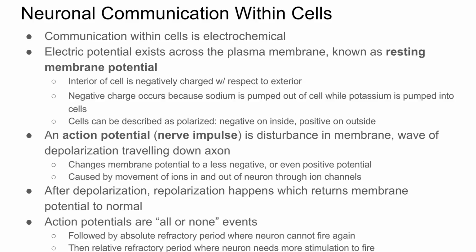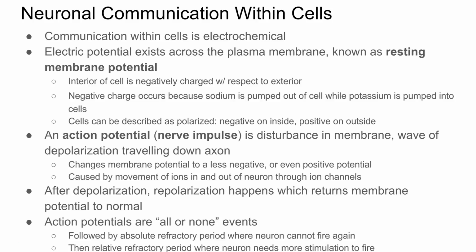This leads to an imbalance. The cells are polarized, more negative on the inside and positive on the outside. They figured out that the average electrical resting potential is negative 70 millivolts. That is the amount of polarization that occurs, and that's the neuron's resting state.